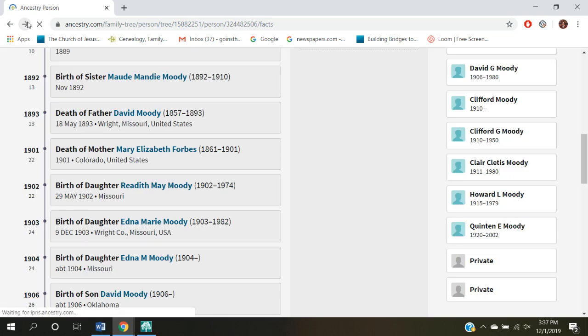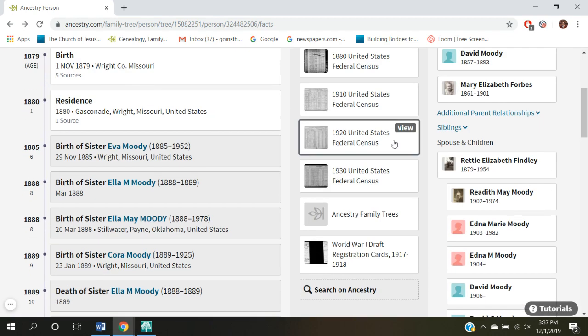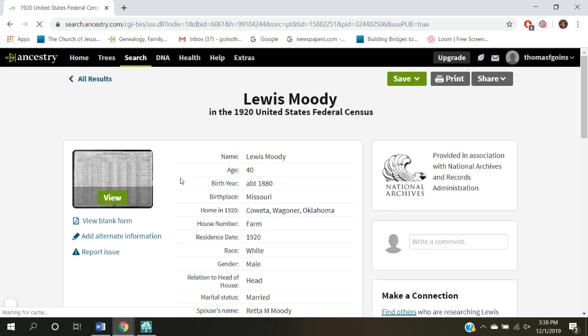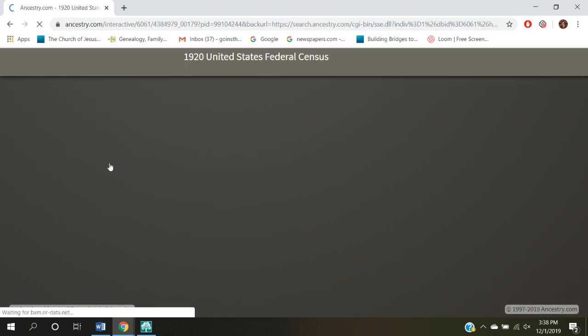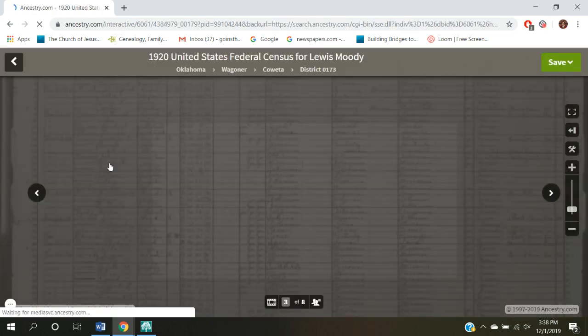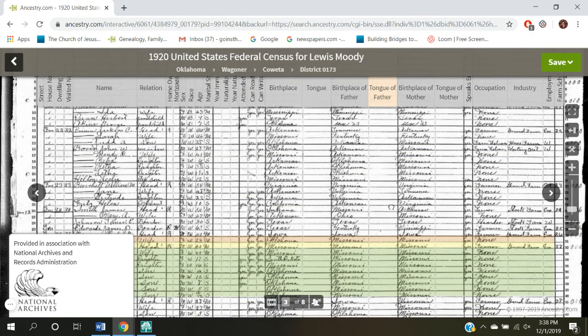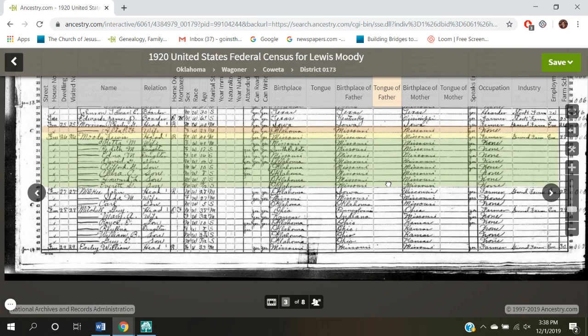I think it's going back to the census record. If not, I'll just go back. Okay, I don't know what's going on with my computer, so I'm going to go back here and go to the 1920 census this way. And I'm going to open the image so I can read it with my own eyes and see if I can tell what the spelling is better than the person who transcribed the document here.